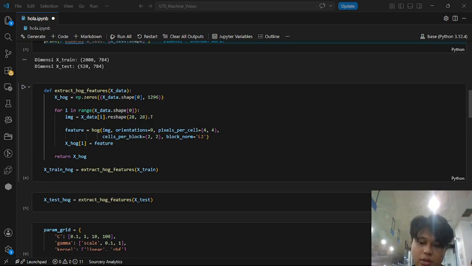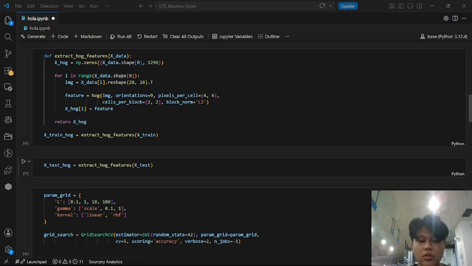Therefore, I tuned it to 4 by 4 pixels per cell and 2 by 2 cells per block with 9 orientations. As a result, the feature resolution becomes very dense, generating 1,296 feature values per image.